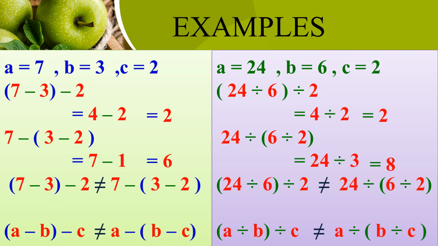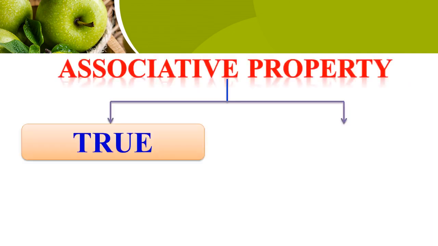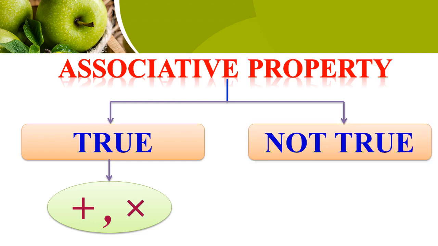Therefore, the associative property is not true for division. Finally, we conclude that associative property is true for the operations addition and multiplication, is not true for subtraction and division.